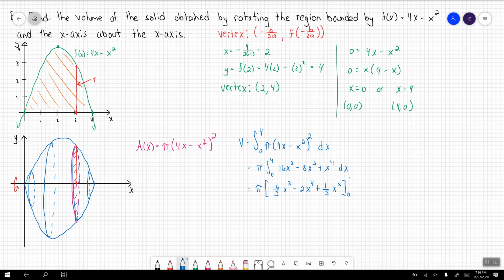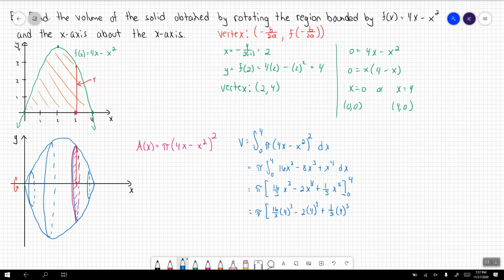And this is going to be from 0 to 4. All we have to do now is evaluate. Pi multiplied by 16 divided by 3 times 4 cubed minus 2 times 4 to the power of 4 plus 1/5 times 4 to the power of 5.